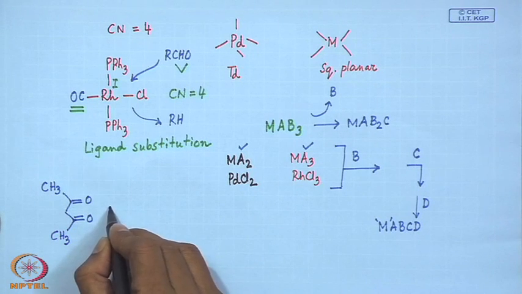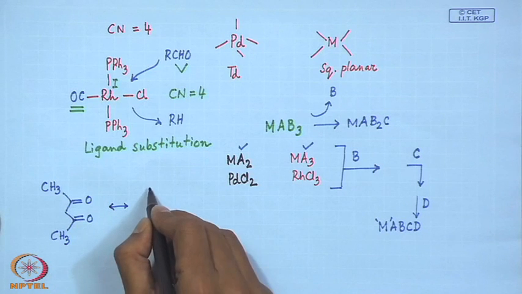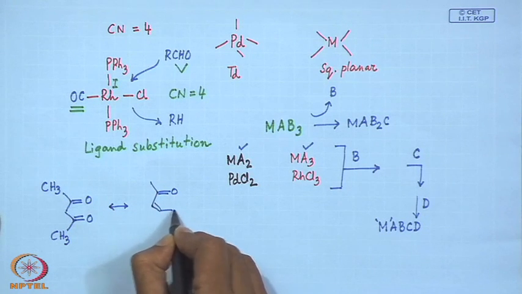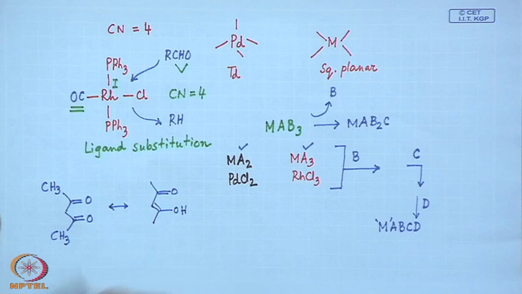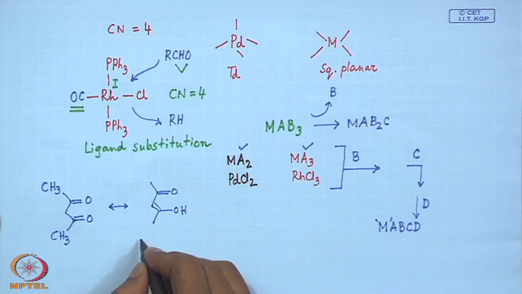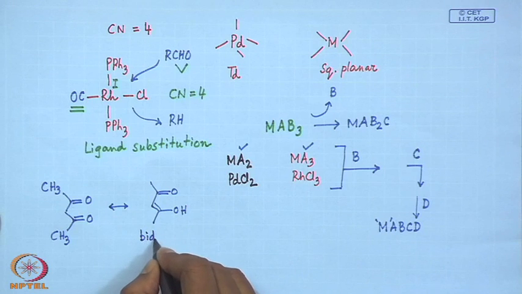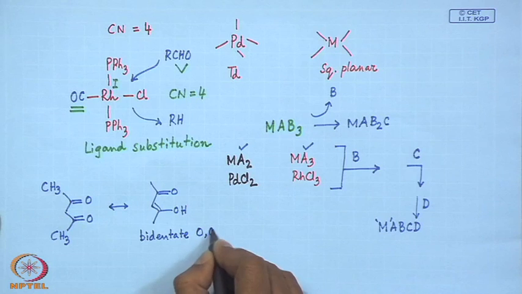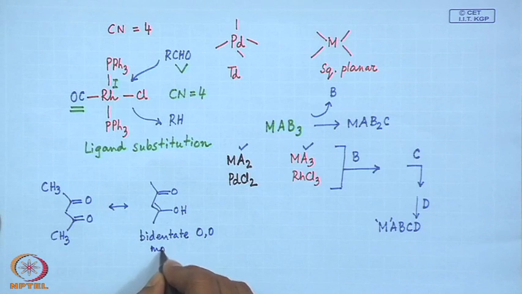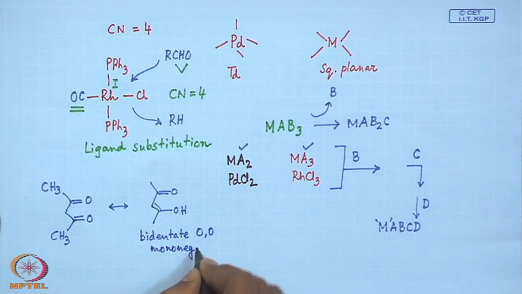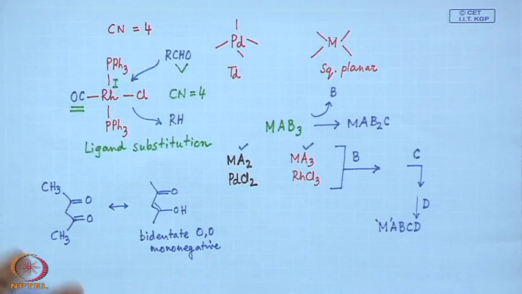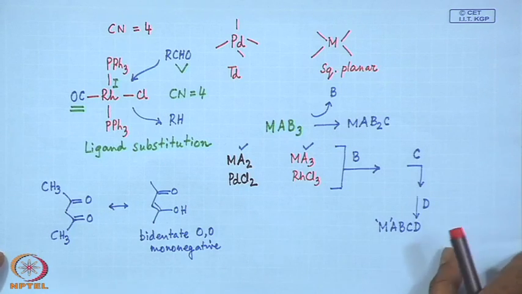It basically goes for enolization, and the keto-enol tautomerism can give us a bidentate donor mononegative ligand. So, after deprotonation, this will give rise to an OO minus ligand.